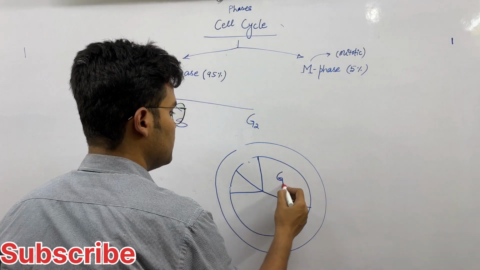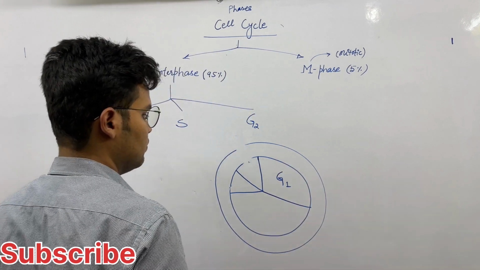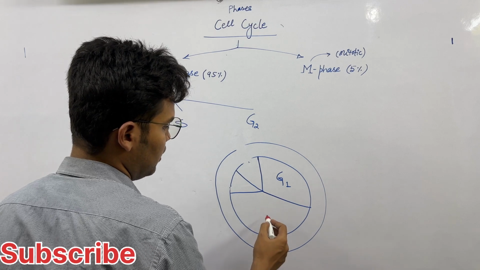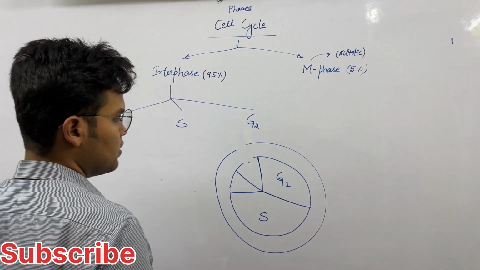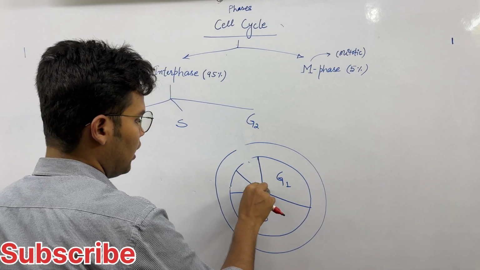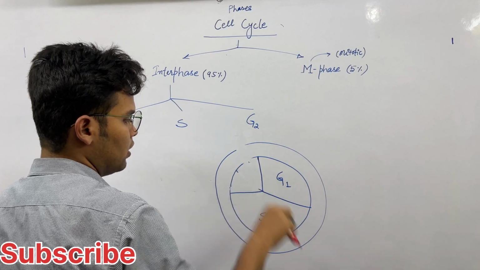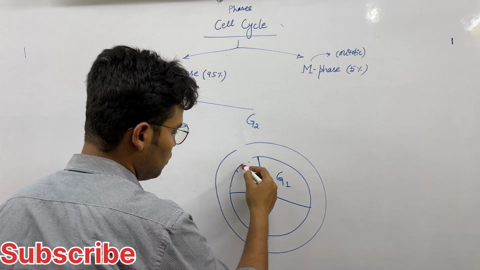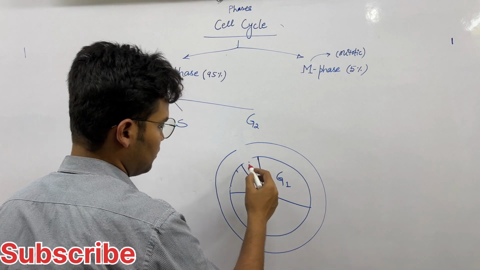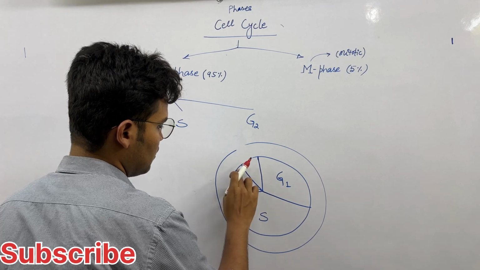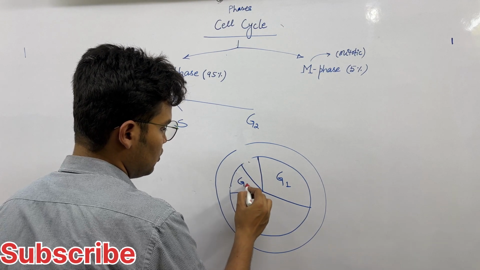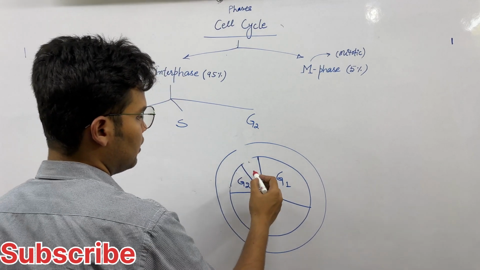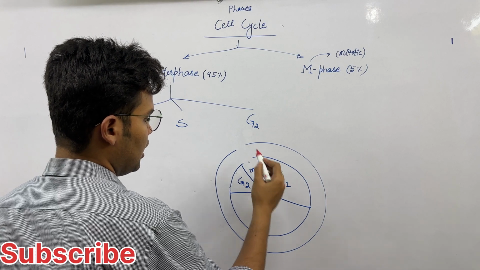The first phase is G1 phase, then it's S phase, and not like this but requiring a much lesser amount like this. This is G2 phase and the rest is M phase.